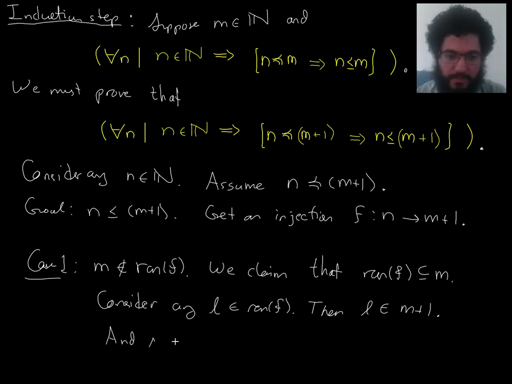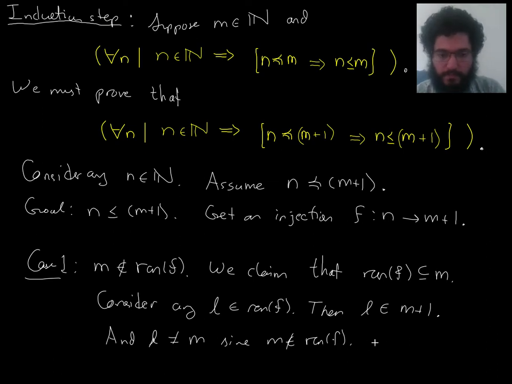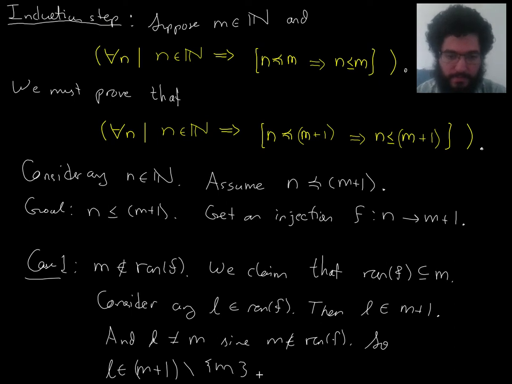And L is not equal to M, since M is not in the range of F. So L is in M plus 1, delete M, right? And that should just be M.